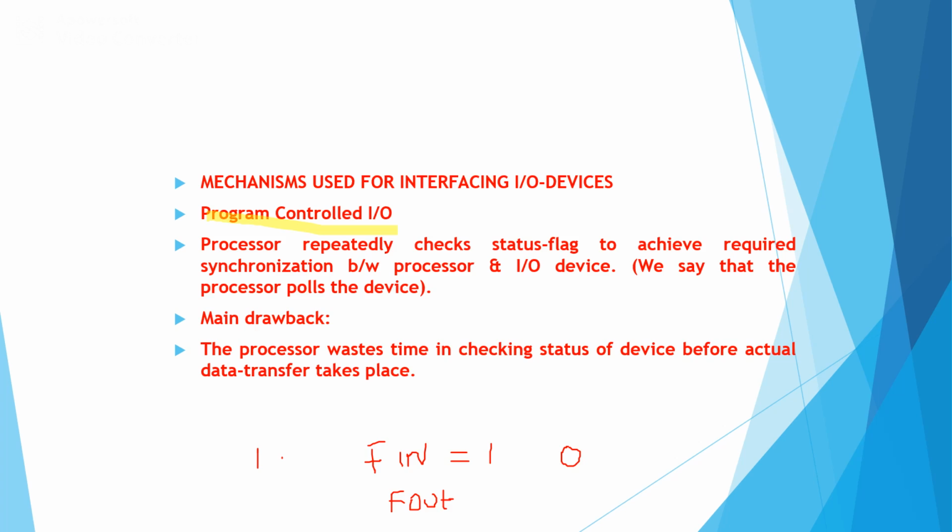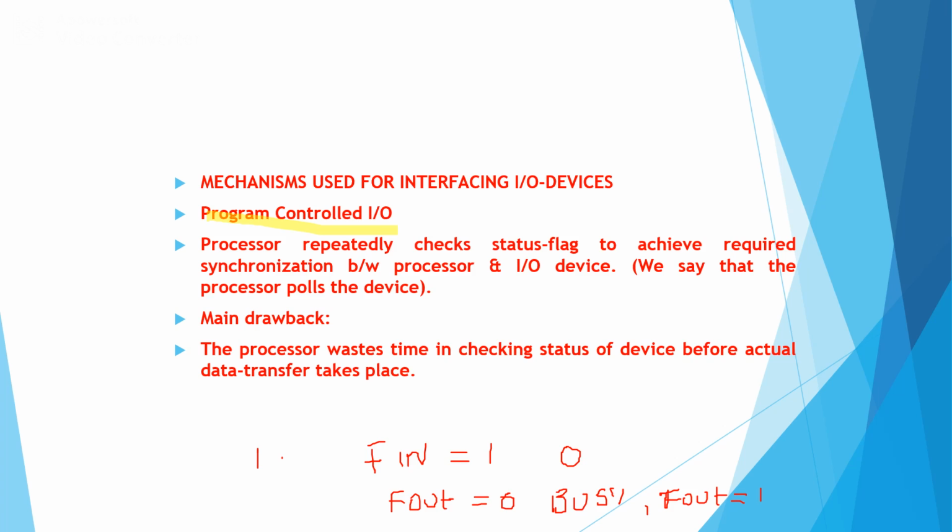Similarly, F out equal to 0 indicates that the display is busy. When F out is 1, the display is ready to receive the next character.